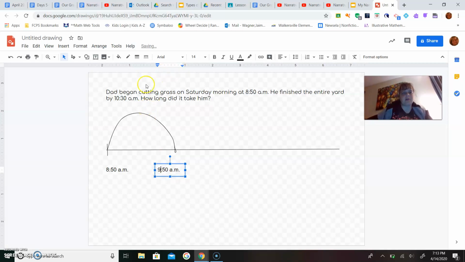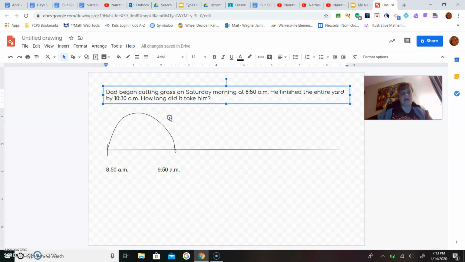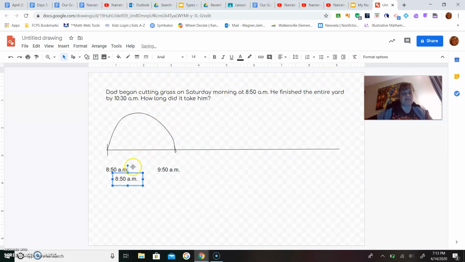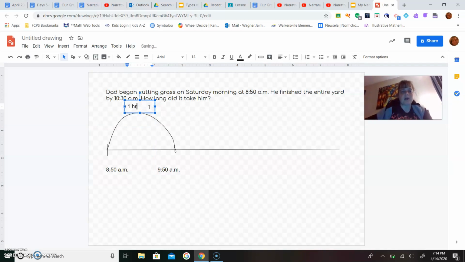I'm also going to mark up here what my jump was, that way I don't lose track of how much time or how many increments I've jumped so far. Let me move this text box just above my jump, and this was 1 hour.